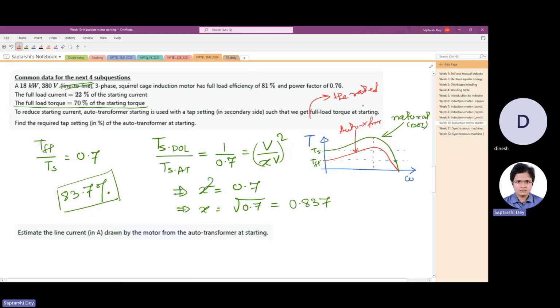Now obviously when you are starting with auto transformer, if you do not remove the auto transformer after the machine has started, at that condition its full load torque has also reduced by 70%. So the starting torque I want equal to the rated full load torque. That means I am making the starting torque 70% of the DOL starting torque. So my voltage squared should be 70%.